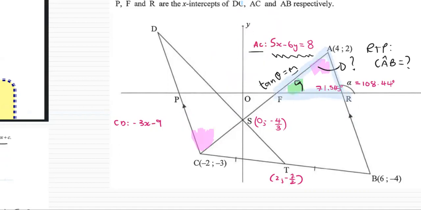Taking the internal angles of a triangle, 180 minus the green angle minus 71.565, which was there from a previous question, gives us angle FAR. Then we immediately have angle DCA because they're equal due to the parallel lines. Okay, let's get that written up.